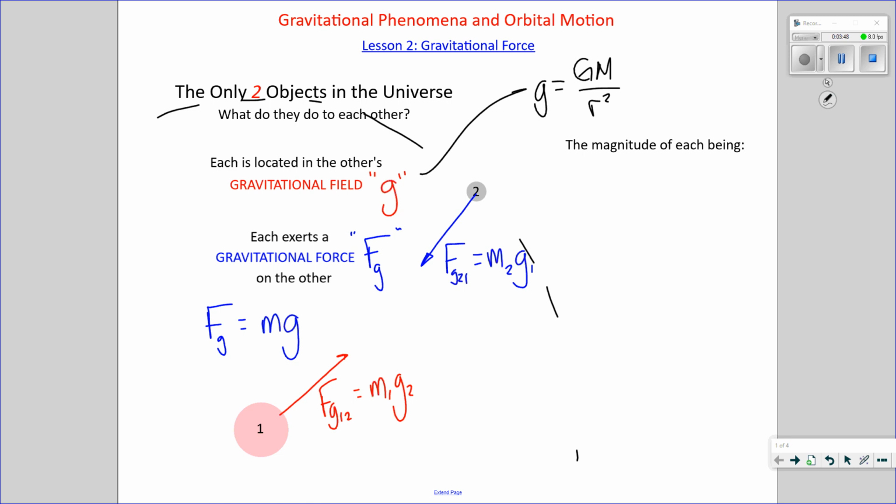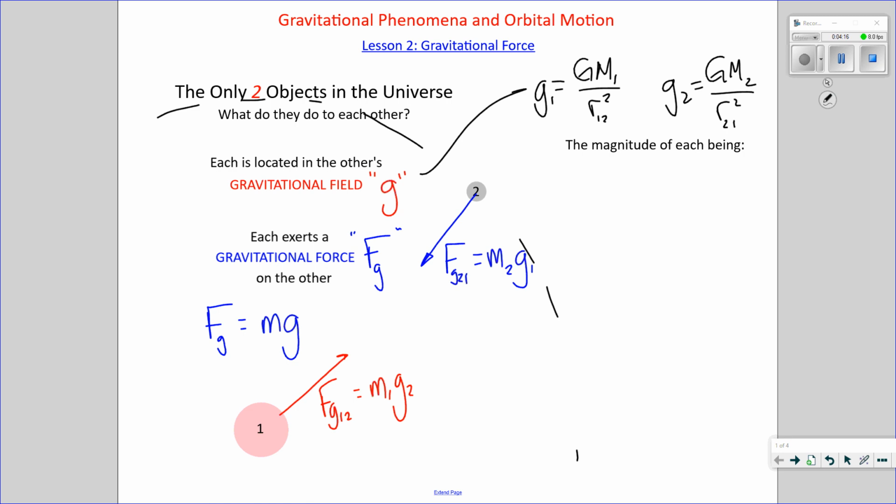Sure, everywhere on that circle, g1 is big G M1 over the distance from 1 to 2 squared. And g2, right, is G M2 at the distance from 2 to 1 squared. Well, r12 and r21 are the same thing.